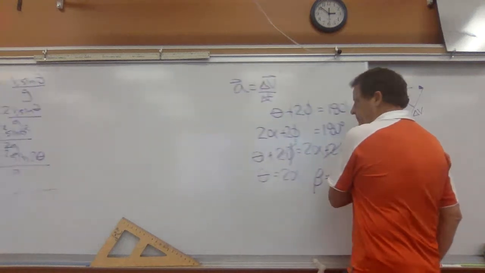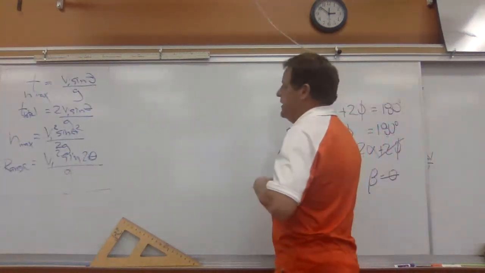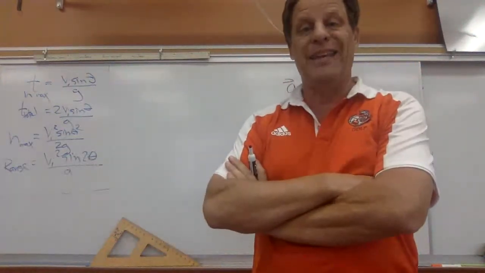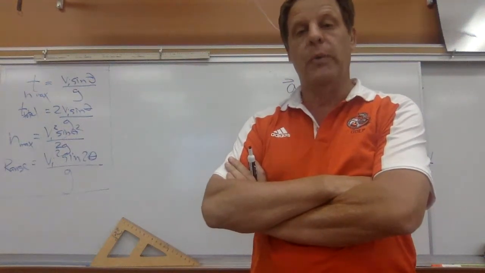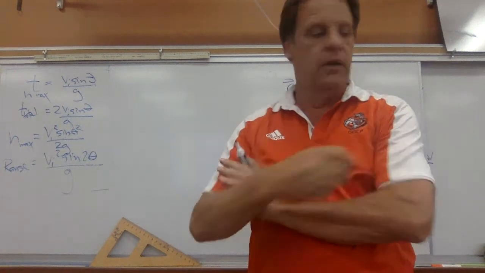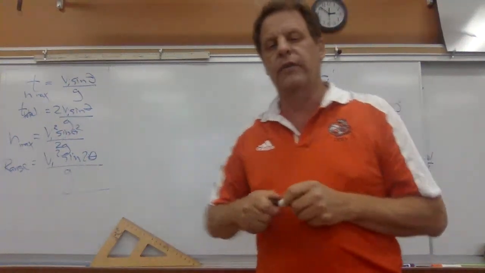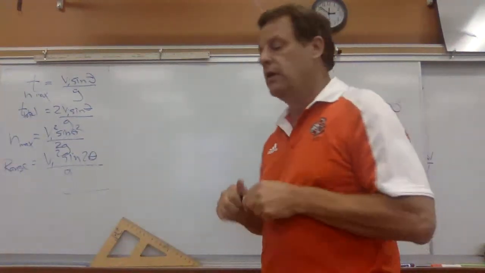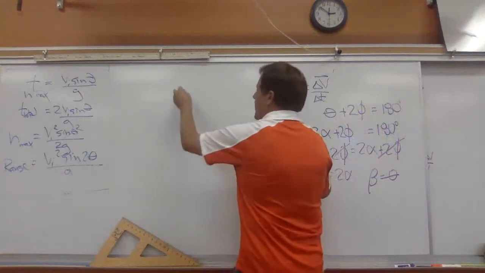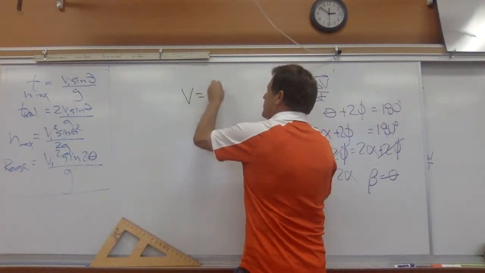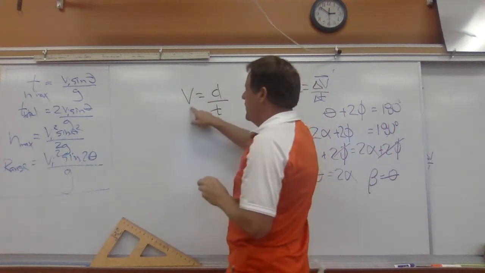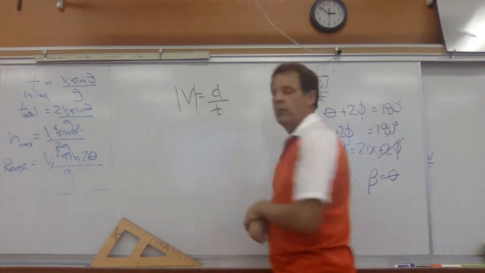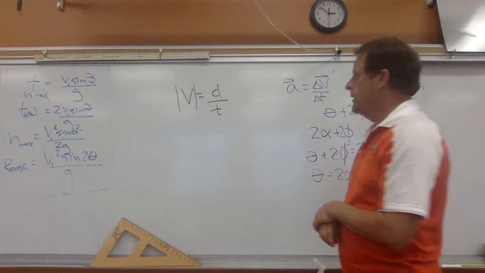And now, if we have something that is going in a circle, then oftentimes we're going to talk about the period. So we're going to have velocity is equal to distance divided by time. In this, we're really talking about speed, which is going to be the absolute value of that.